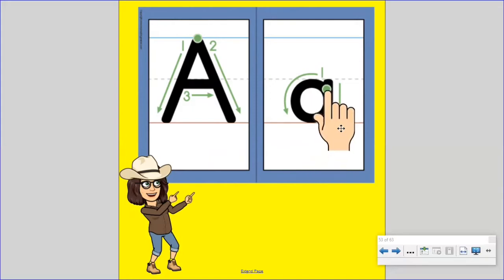Start at the middle line, around like a C, up, down. That's the lowercase a. What sound does the letter A make at the beginning of the word alligator? The letter A makes the ah sound in the beginning of the word alligator.